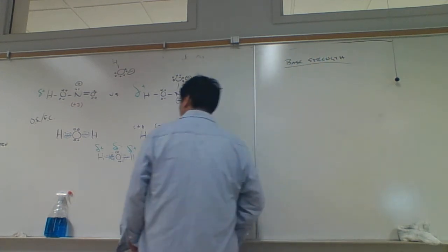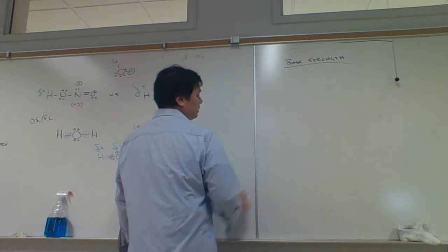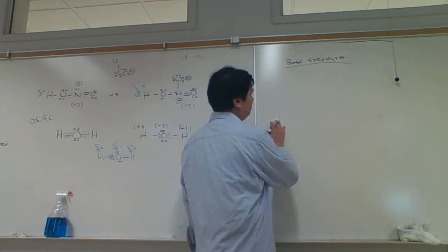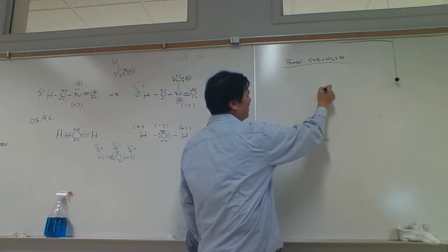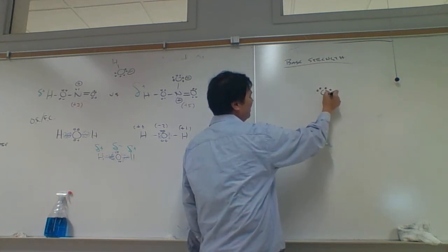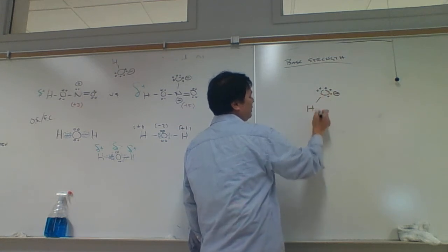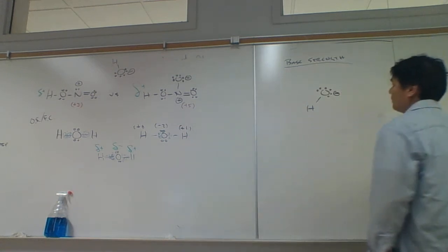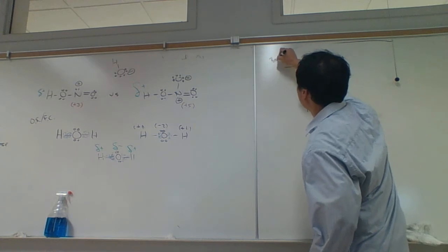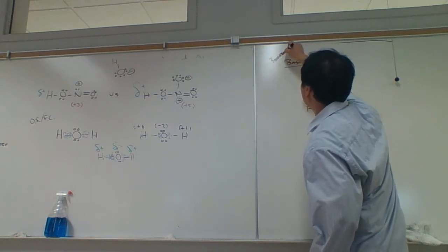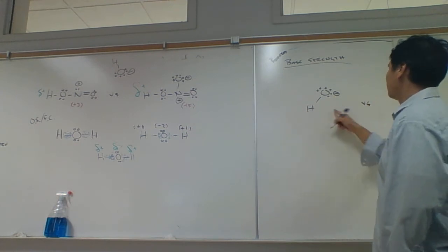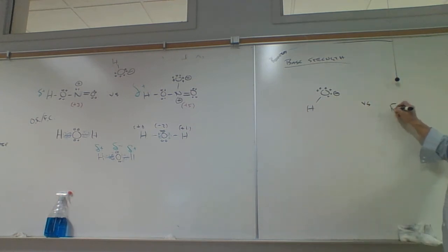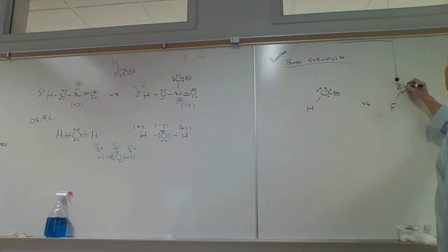Okay, so let's look at some other bases here. So hydroxide's more basic. We're talking about Bronsted base strength. If I get into Lewis, it complicates things. So looking at Bronsted, let's go with hydroxide versus the FO minus ion.